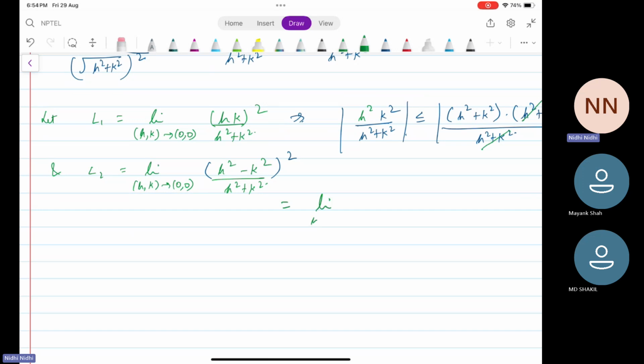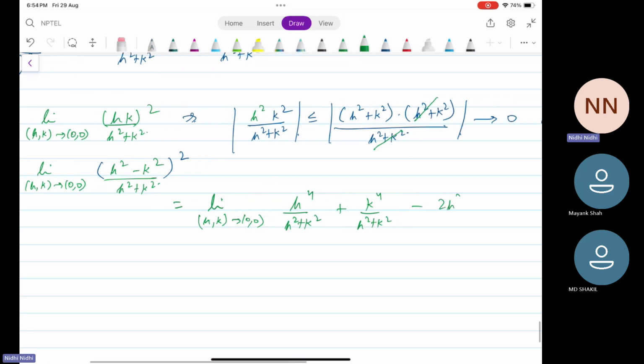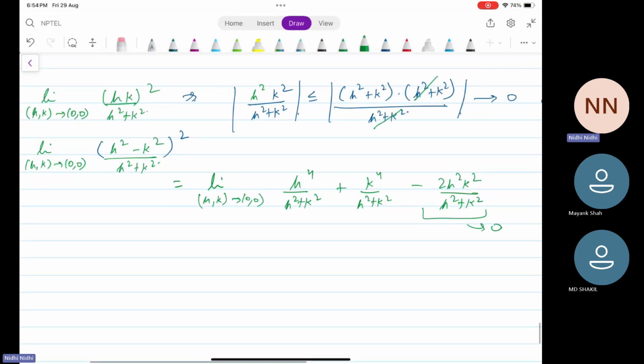This is the limit as h comma k goes to 0, 0 of h power 4 upon h square plus k square plus k power 4 upon h square plus k square minus 2h square k square upon h square plus k square. So the last term will go to 0 as we did earlier in the case of L1.